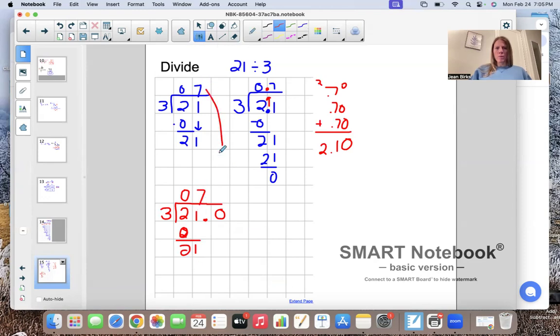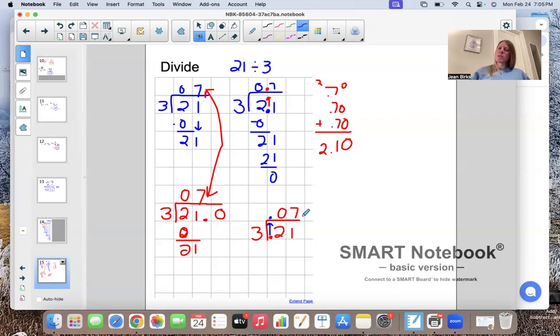Then it looks like this problem, right? Same thing. If I had this problem and put the decimal in front, I'm still going to get 0, 7, but this time the decimal would go still straight up. If I had 21 pennies and I shared them with 3 people, everyone would get 7 pennies.